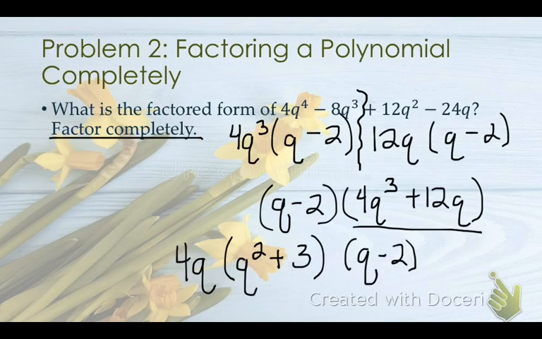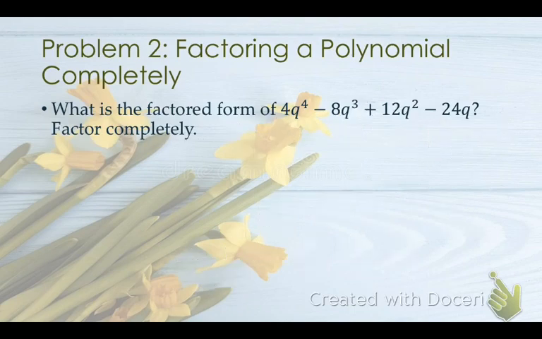Okay, now I do want to show you one other method for factoring problem number 2. Okay, so I'm going to erase this work here and start over. The other method, instead of starting off by splitting the problem in half, there is something else that I can do. When I look at this problem at the very beginning, I notice that every single term has a q, and I also notice that every term is divisible by 4.